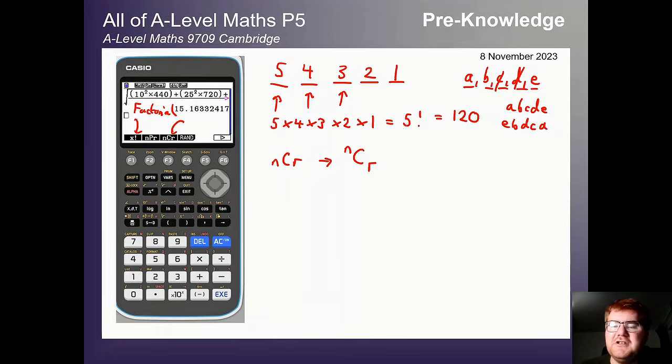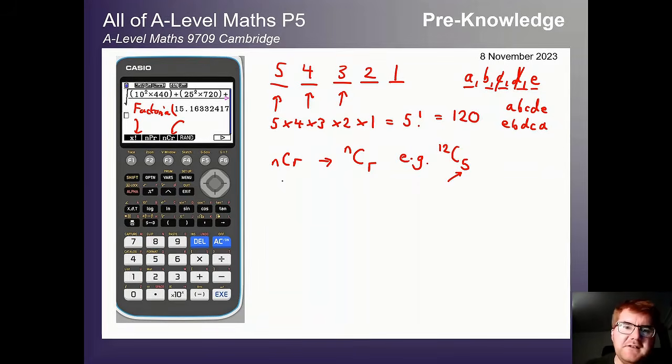What does this actually mean? So let's put an example here. So for example, if we had 12C5, what this means is out of 12 objects, how many ways are there of choosing 5 of those objects?